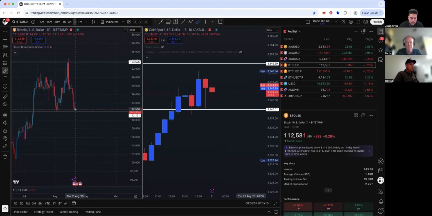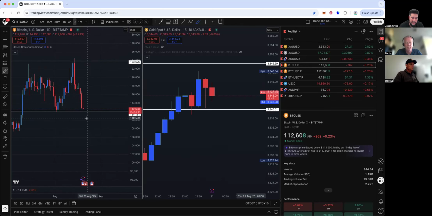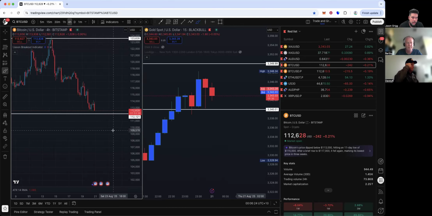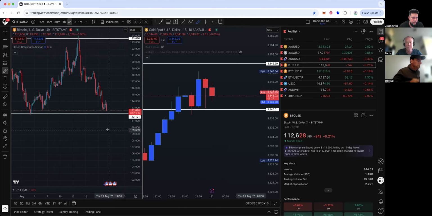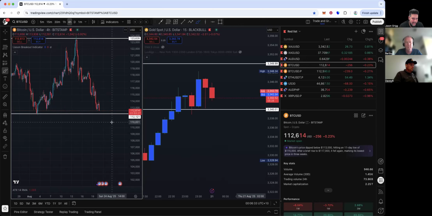But if it does close below this area, then you start to see the psychology of what's happening in the market. And if it does close down below, unless it recovers within 24 to 48 hours back up into that range, that's when people start to have a change of heart. Because you'll see here, we dipped down into this area and then we recovered out from it, and we're down testing this area again.